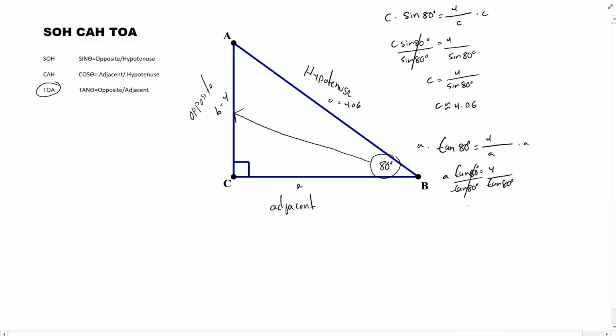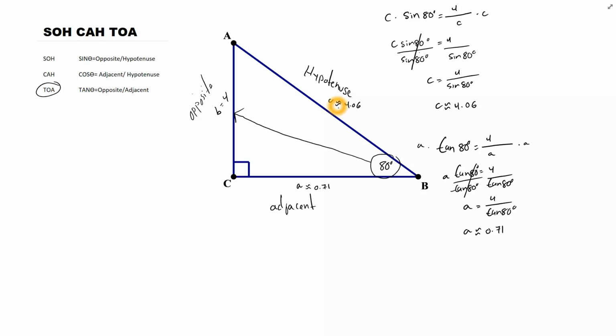They cancelled, and we're left with 4 over tangent of 80. And A is approximately 0.71. And also here, approximately.